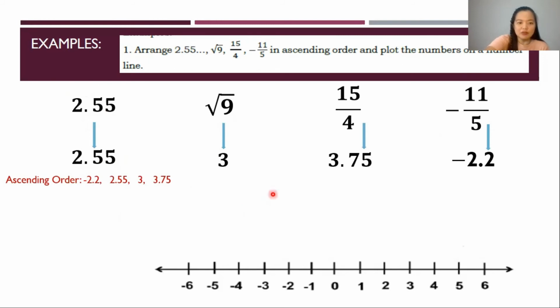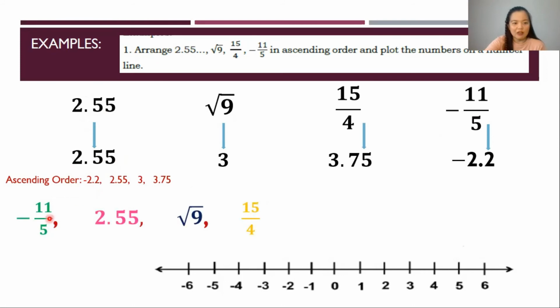So yung negative 2.2 is equivalent to negative 11 over 5. Yung 2.55, ito siya. Yung 3, sa square root of 9. At yung 3.75, yung given na 15 over 4. Ito yung ipa-plot natin. Yung green circle, yung negative 11 over 5.